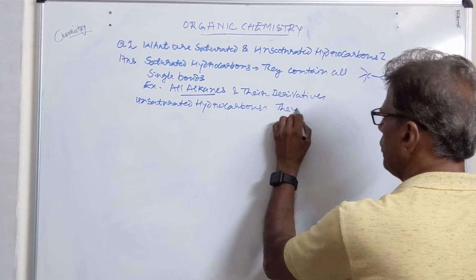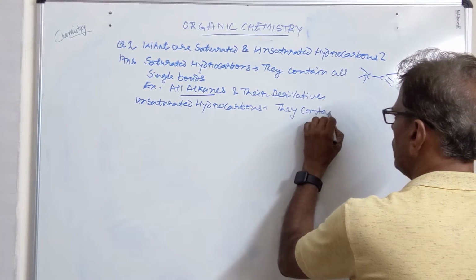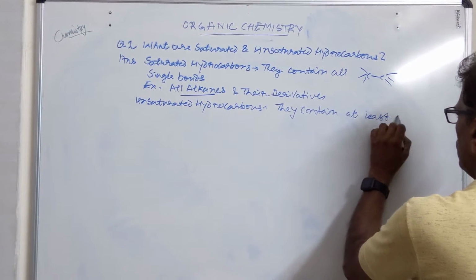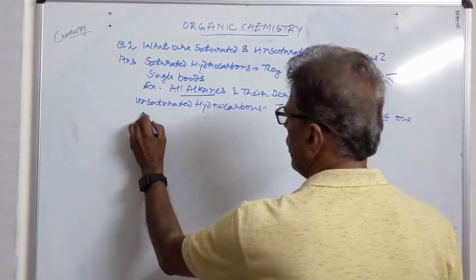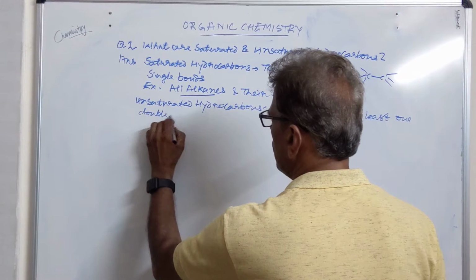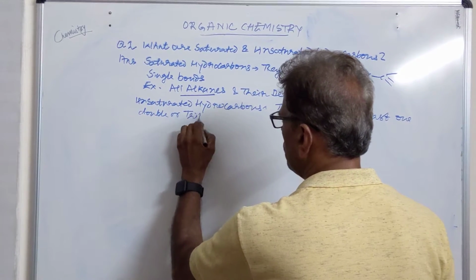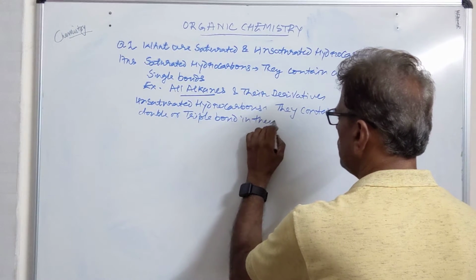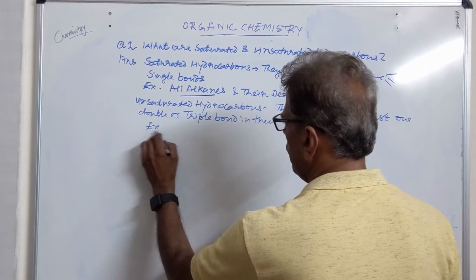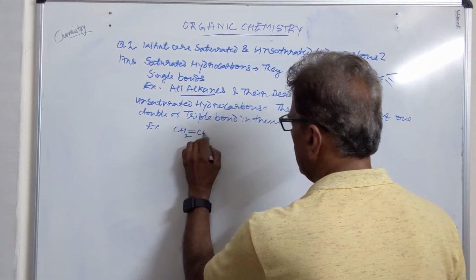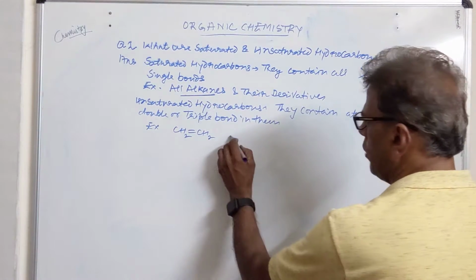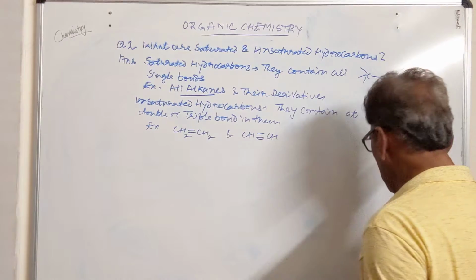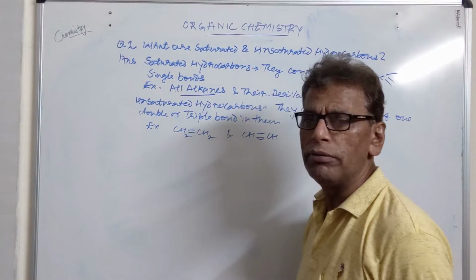They contain at least one double or triple bond in them. Example is ethylene. It is alkene, unsaturated hydrocarbon, and acetylene having triple bond. It is another class of unsaturated hydrocarbon.